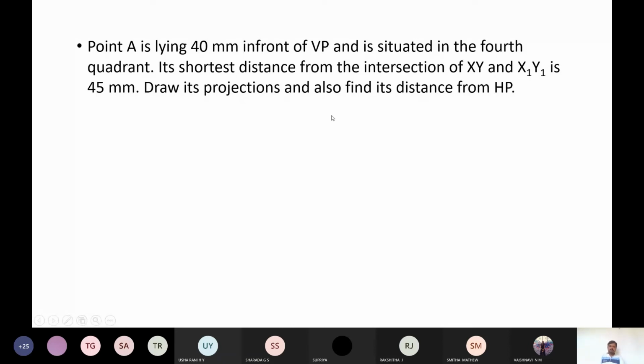In the previous problem, we determined the distance from VP. So here we have to find the distance from HP. Point A is lying 40 mm in front of VP and is situated in the fourth quadrant. That means point A is above HP or below HP if it is in the fourth quadrant.